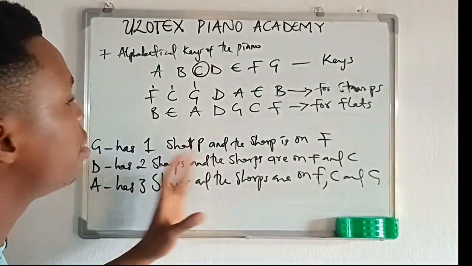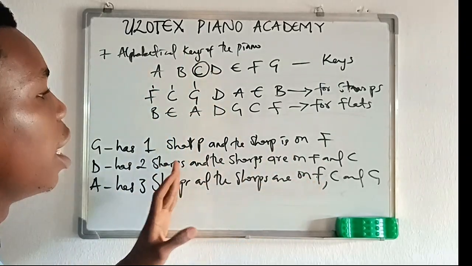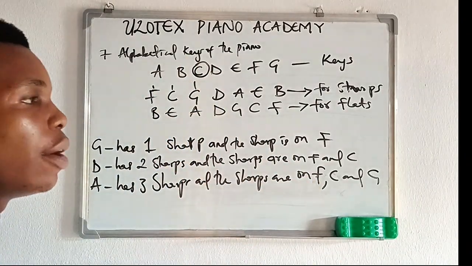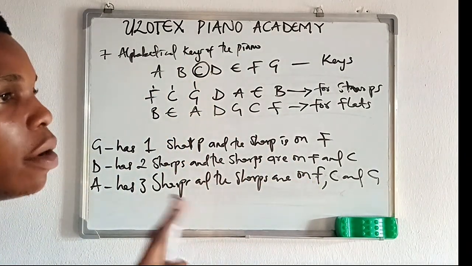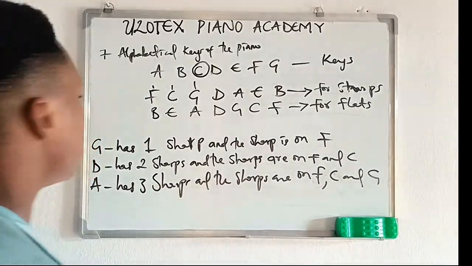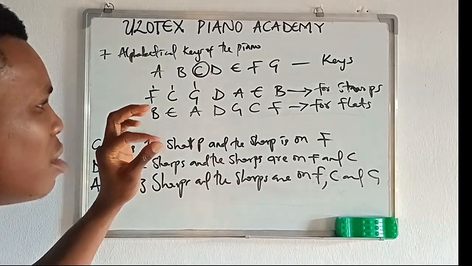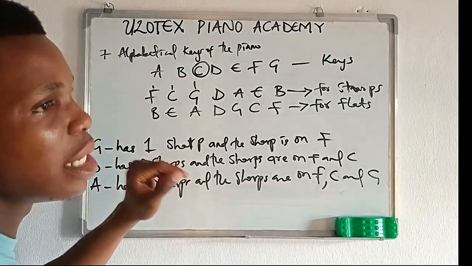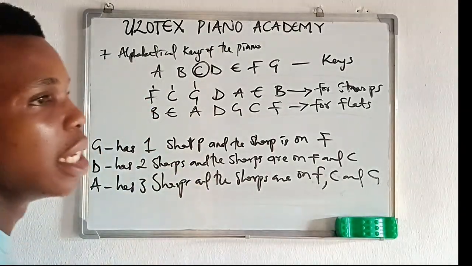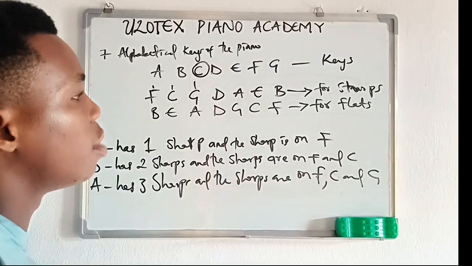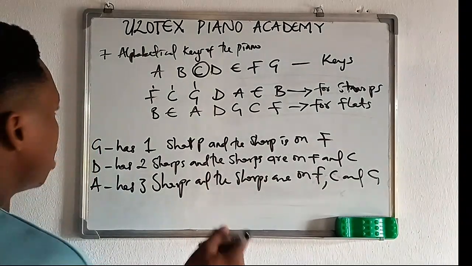So when you check key A, you will find out that your sharps are on F, C, and G. You still play the scale that way. This is the little thing you need to understand for you to play all the keys. You just have to know the ones you are sharpening and the ones you are flattening. So we'll stop at A.